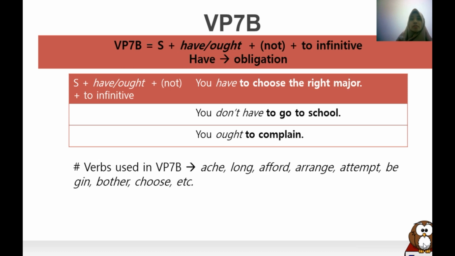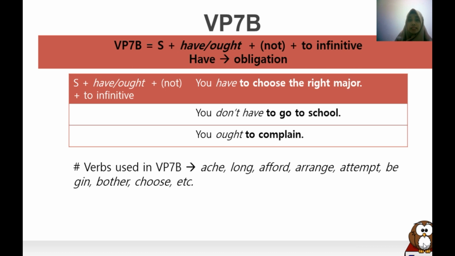Okay, for example, you have to choose the right major. So you here is the subject, and then have is the verb, and then to choose the right major here is the to infinitive. Next, you don't have to go to school. You here is the subject, don't have is the verb, and then to go to school is the to infinitive.